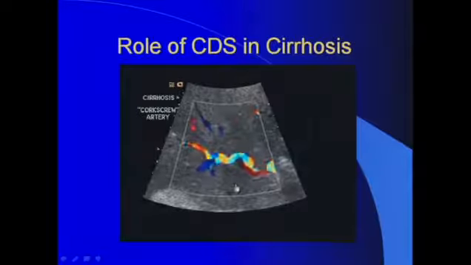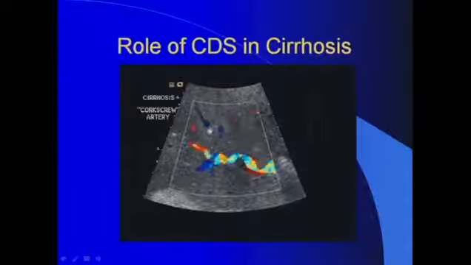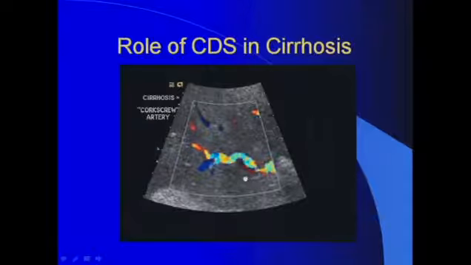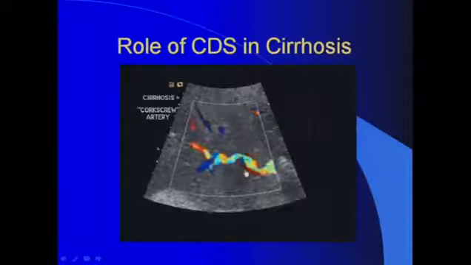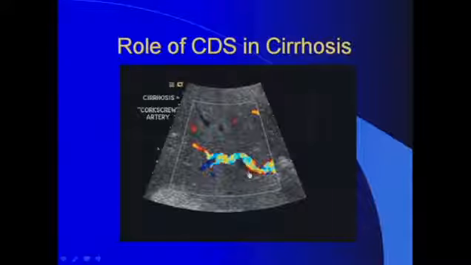This is a very good sign to suggest that there is some disruption to the portal flow to the liver, because even though you can see everything flowing in the right direction in the nearby portal vein, this large artery suggests that not enough portal blood is going into the liver. You can notice how sluggish the flow is in the portal vein adjacent to the artery.